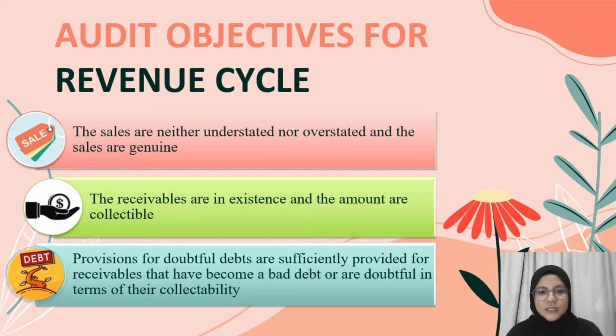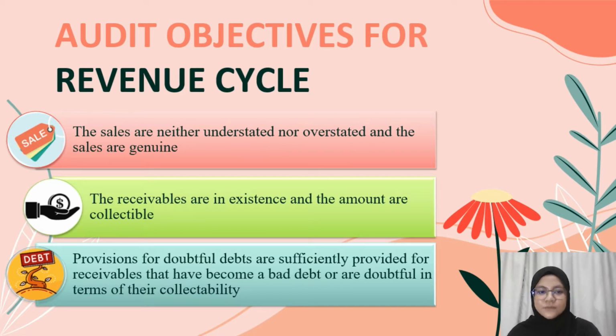The auditor is responsible for ensuring the figures of sales are recorded perfectly and tally with the transactions without any misstatement. So, the auditor must verify the existence of sales transactions and make sure that the transactions are not being created by the management.